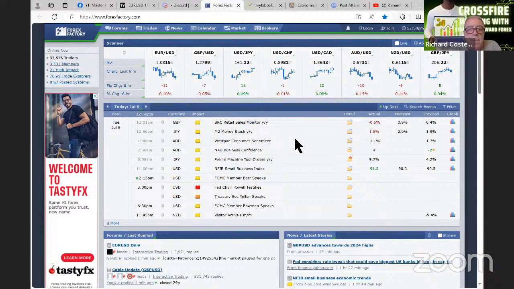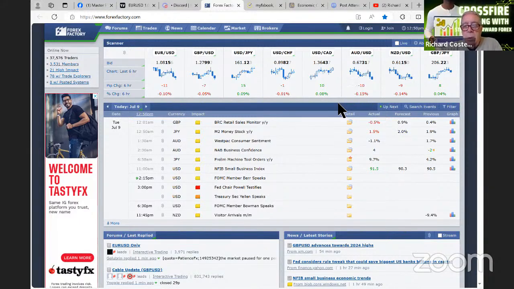So I'm probably going to have to sit on my hands until 3 o'clock and then see what happens after that news. Bear in mind that this is Fed Chair Powell testifies, so it's obviously quite an important event because it's a red flag. There's also an orange flag, another speech there. So I'm thinking that we need to focus on 3 o'clock this afternoon.